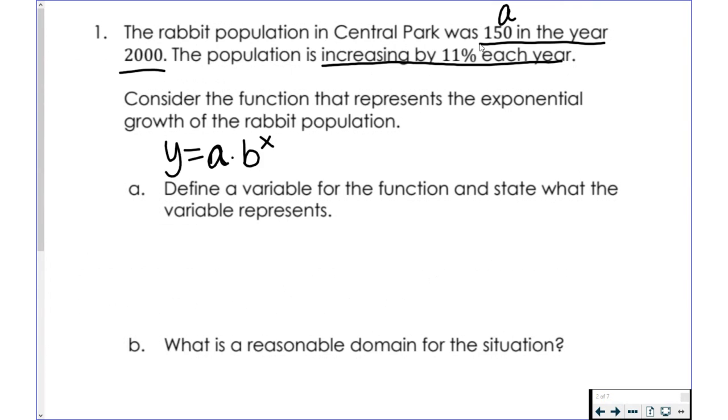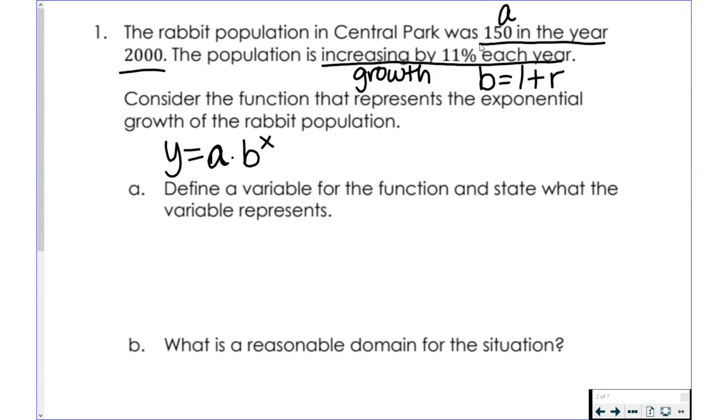B is not just 11%. Please don't just plug in the rate. B is either 1 plus or 1 minus the rate. Because this is increasing, this is exponential growth. When you have exponential growth, your B value is 1 plus the rate. If it was decay, it would be 1 minus.